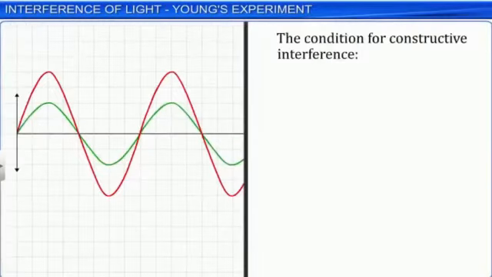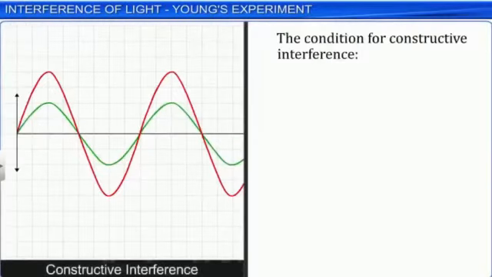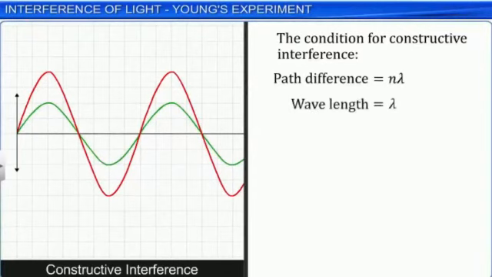You have already studied that for constructive interference, the condition is that the path difference should be equal to n lambda, where lambda is the wavelength of the light used and n is an integer.